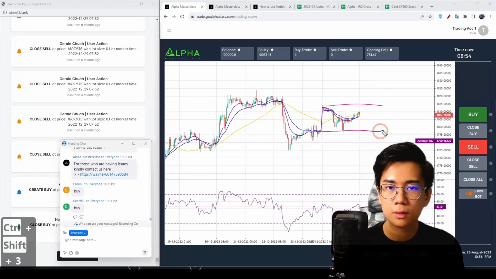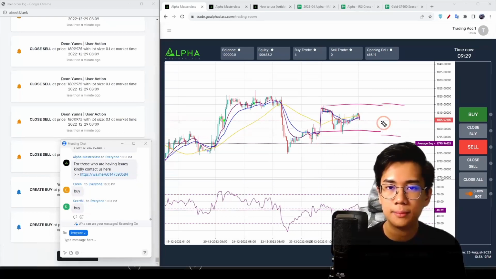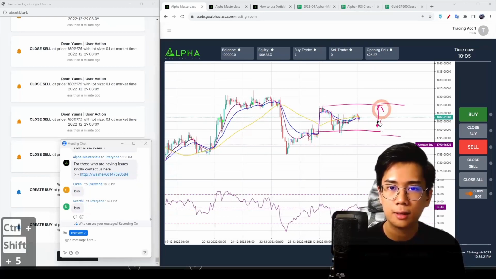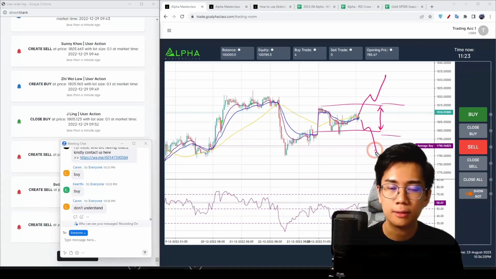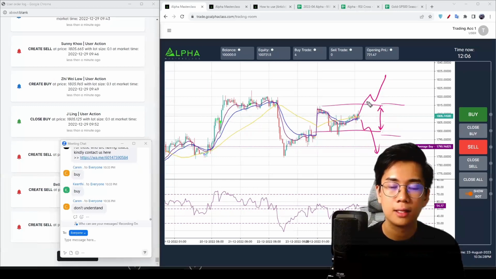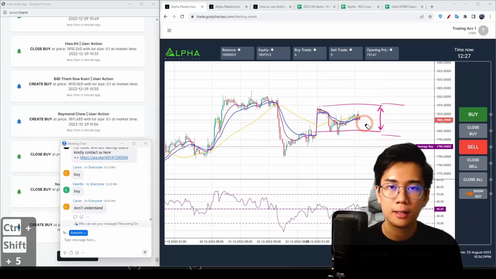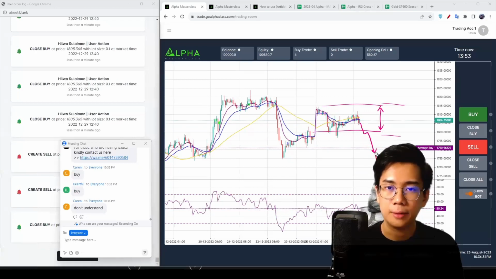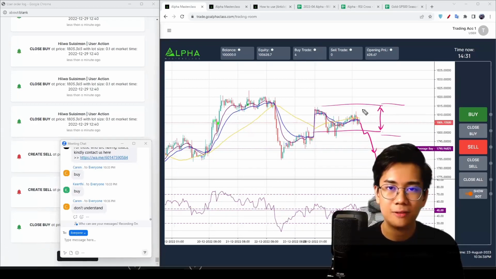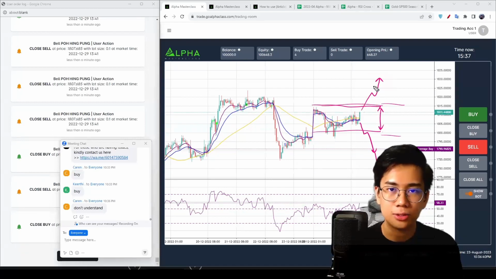So you see within this gap here, above will be up, below will be down. Meaning that if it goes down, then it will keep going down. If it goes up above the highest, it will go even higher.